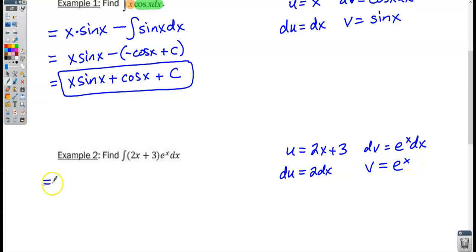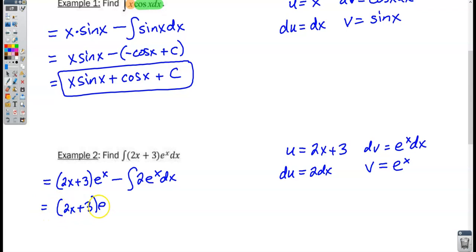And then I set this up. The integral of u dv is equal to uv minus the integral of v du. And in this case, the integral of 2e to the x is just 2e to the x plus our constant.